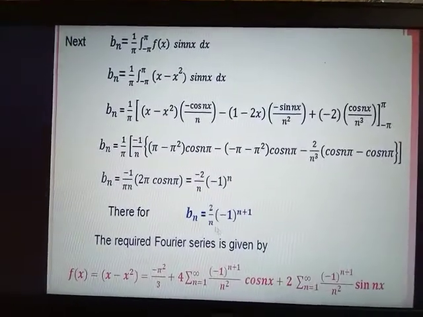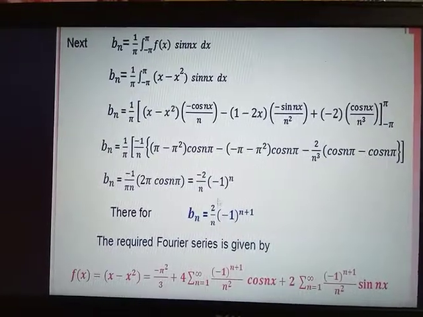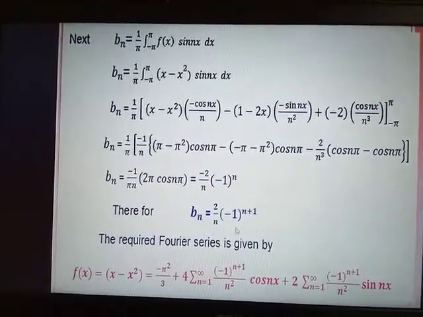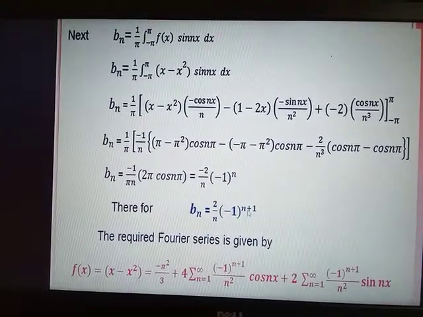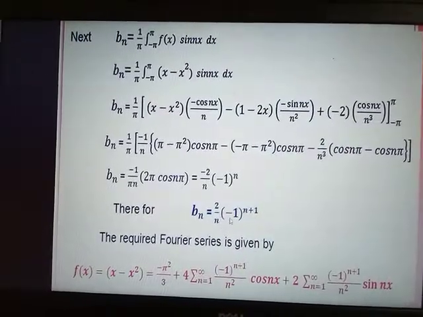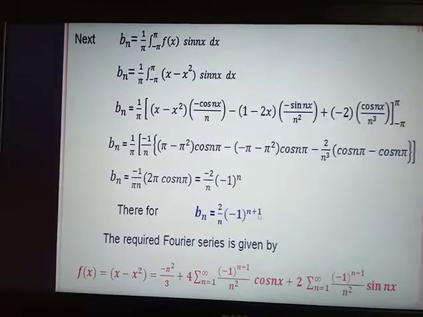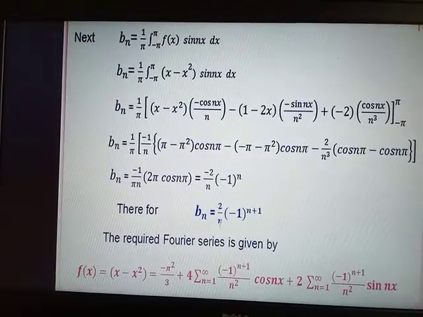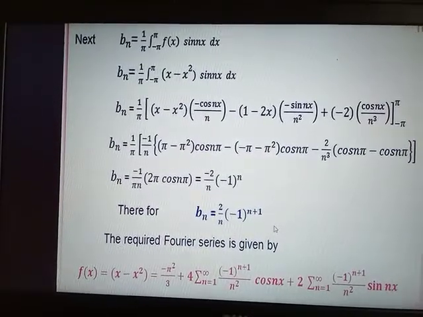Therefore, bn is equal to 2 by n into minus 1 raised to n plus 1. Here we have a negative sign, so it will be minus 1 raised to n plus 1. Therefore, bn is equal to 2 by n minus 1 raised to n plus 1.